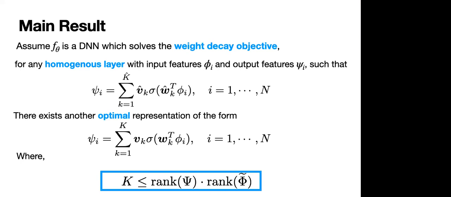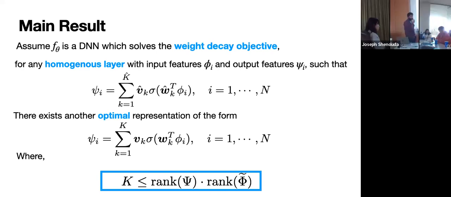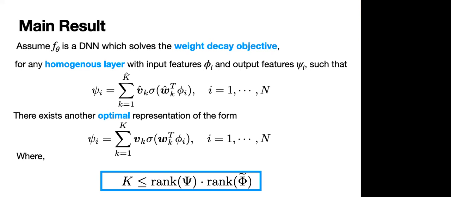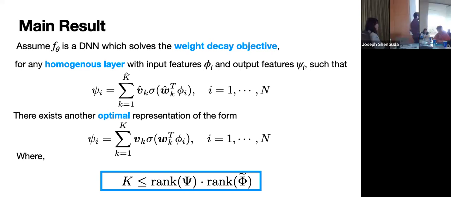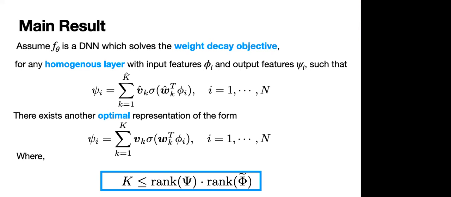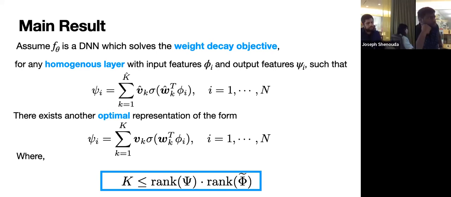So my understanding is these feature matrices are based on V hat and W hat, not V and W, right? Yes. And are V and W full rank here? No, not necessarily. Okay. So you could imagine there may be multiple solutions, V hat, W hat.